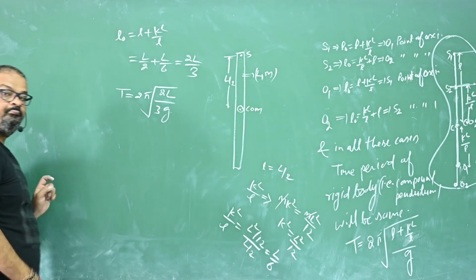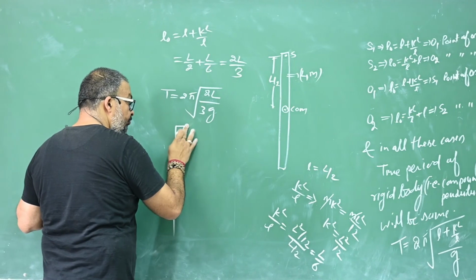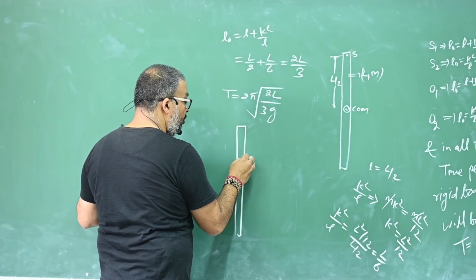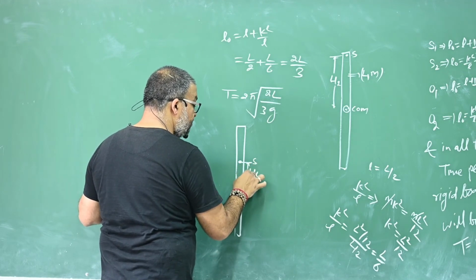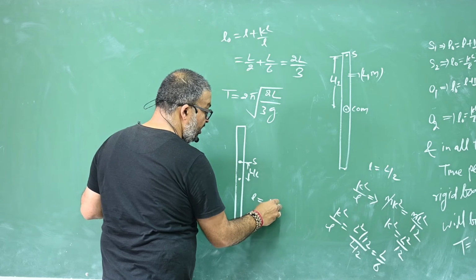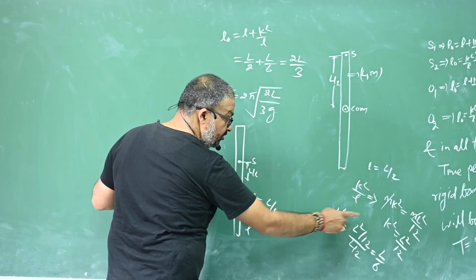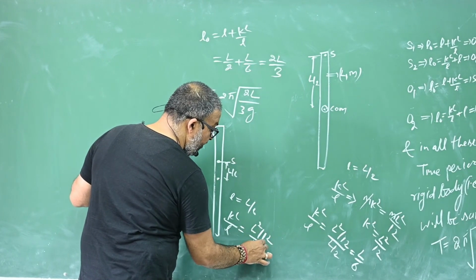Yes, but when the same rod was suspended from a point at a distance L by 6, so small l will be L by 6, and K square by l will be, K square is how much? L square by 12, and small l is how much? L by 6.